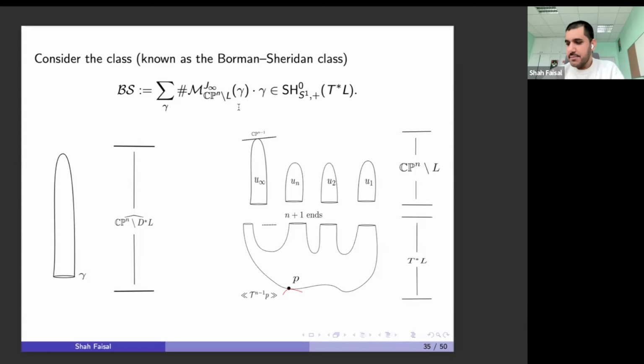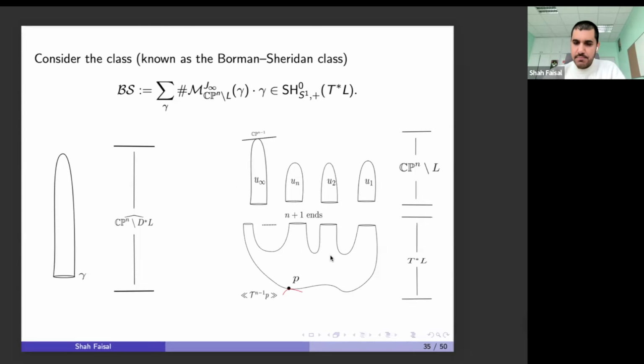It resembles something called the Cieliebak element, a class in the contact homology, but that takes care of more general configurations where the curve has multiple negative asymptotics and so on. This one is much simpler and finite, and it's known as the Borman-Sheridan class. But the point is that the planes I got in the top level of my building are basically computing this class.